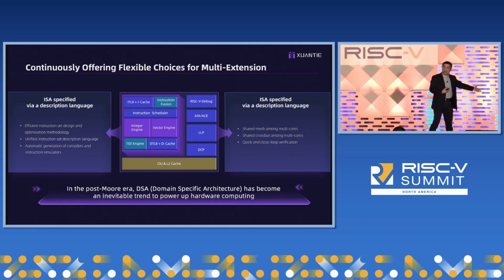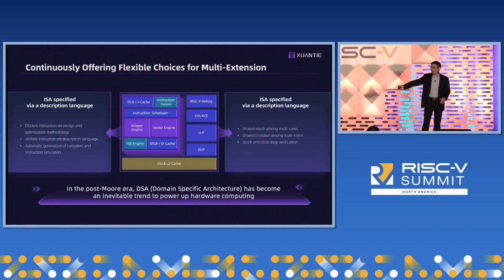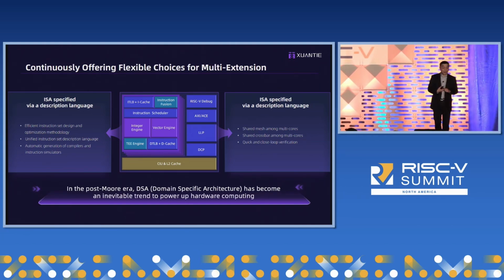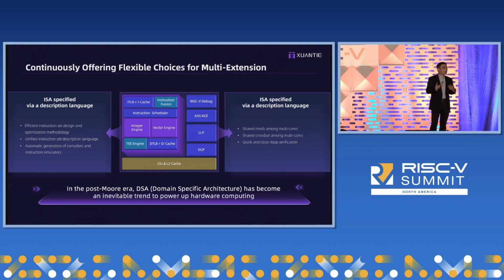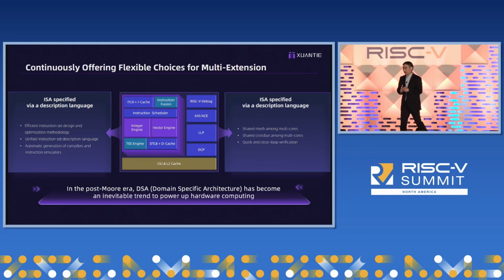On the left-hand side, you can see we did lots of things on the software side, and the right-hand side is the hardware. We have extended ISAs that can be specified using description languages so that our users can easily do their extensions using this description language.